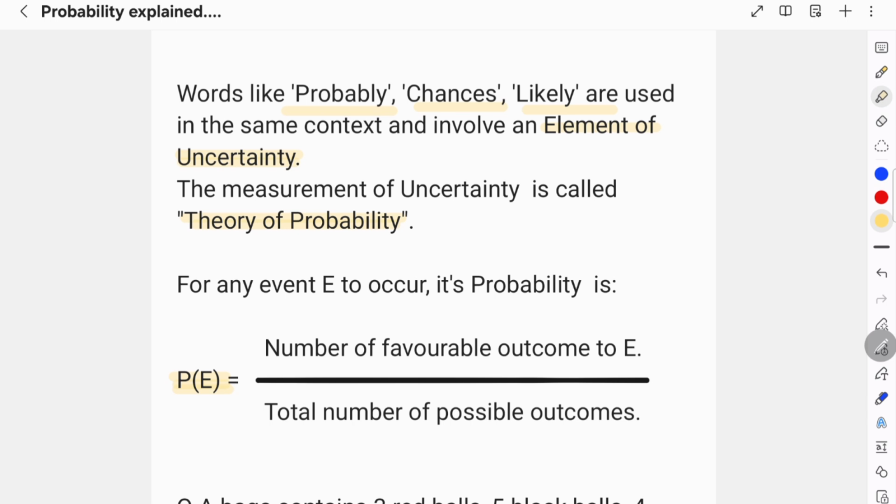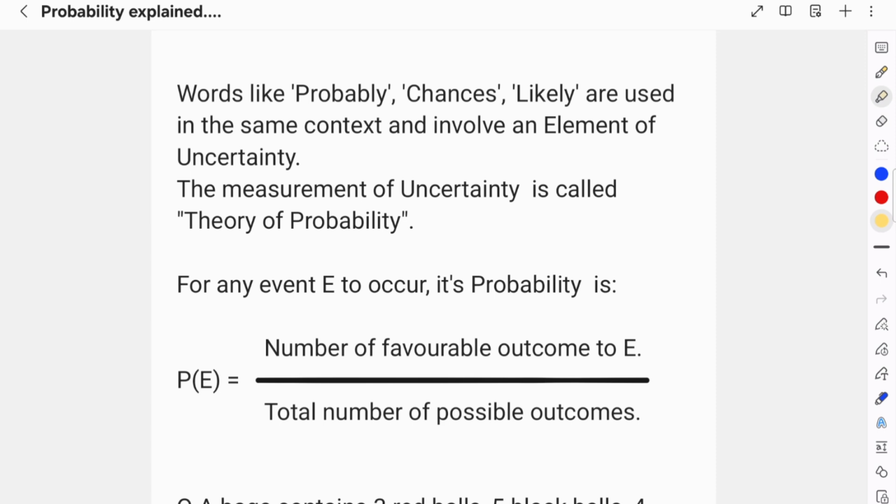Now for any event E to occur, we can measure its probability by the number of favorable outcomes of E divided by the total number of possible outcomes. This ratio gives us the probability of the event E to happen.